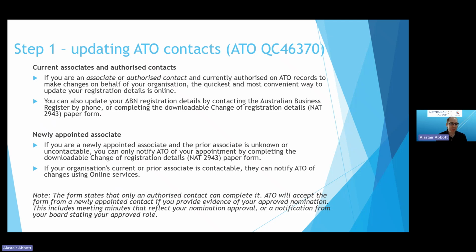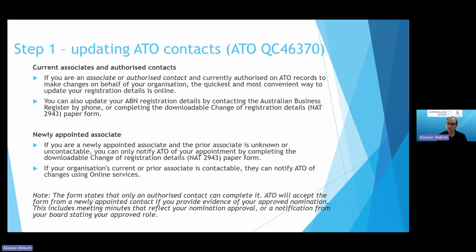So the biggest issue we will come across here is that the contact people registered with the ATO are not the people currently involved in the organisation. As the original testing, the original conversations of this NFP annual return were happening, one of the most common potential errors that was flagged by accountants and people involved in it was that in many, many instances, the contact people are out of date.